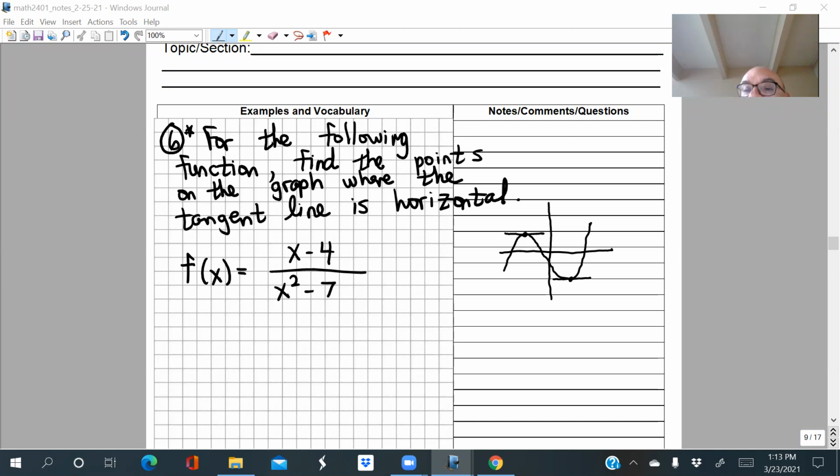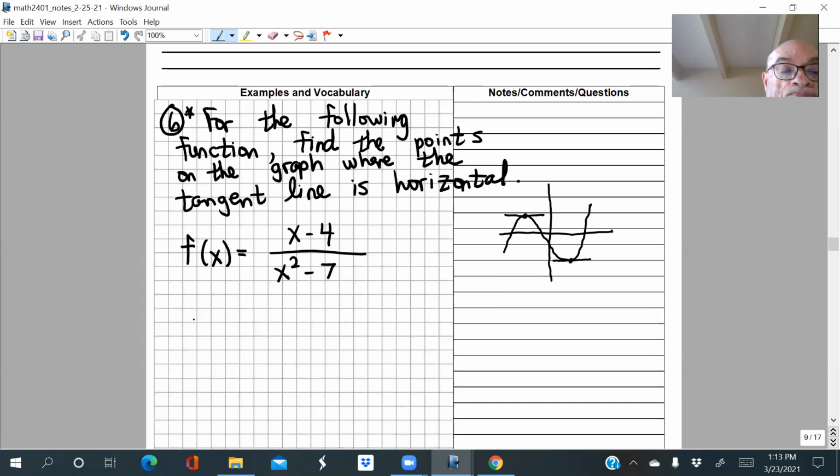And then set the derivative function to 0 because the tangent line is going to be horizontal where the tangent line has slope 0, right? So take your derivative function, which gives you slopes of tangent lines, and set that to 0. And then if you can solve an equation, you can discover where the tangent line is horizontal.